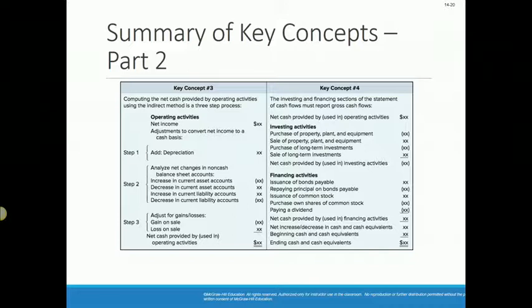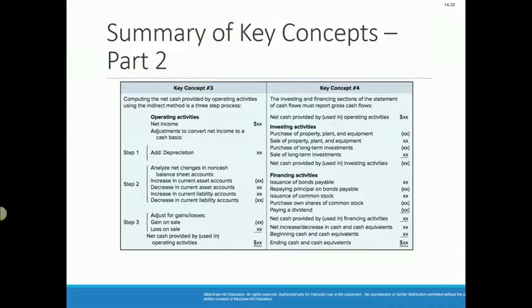The bottom line in the column is double underlining. So we have two double underlines, one under key concept 3 and key concept 4. I don't test on that, but again, that's handy when you're dealing with accountants. And if you choose to be an accountant, you're going to put a dollar symbol in the top line, a dollar symbol in the bottom line, double underlining on the bottom line, and you're good to go.